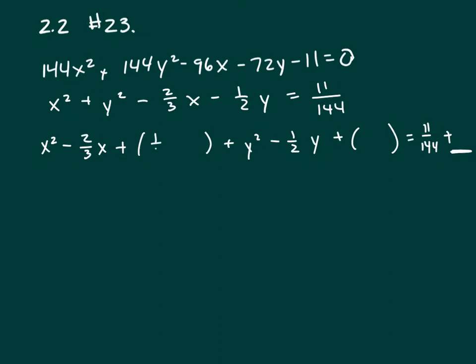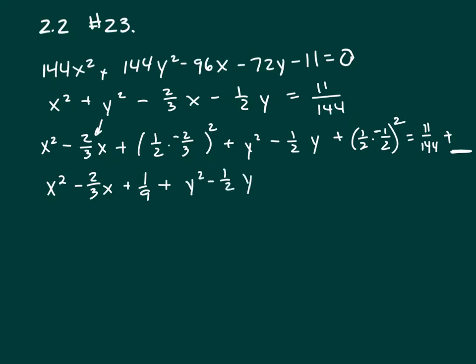So the formula is 1/2 times b. There's your b, negative 2/3, squared. And over here, it's going to be 1/2 times a negative 1/2, squared. So let's simplify this. This is x squared minus 2/3 x plus 1/9, plus y squared minus 1/2 y plus 1/16.